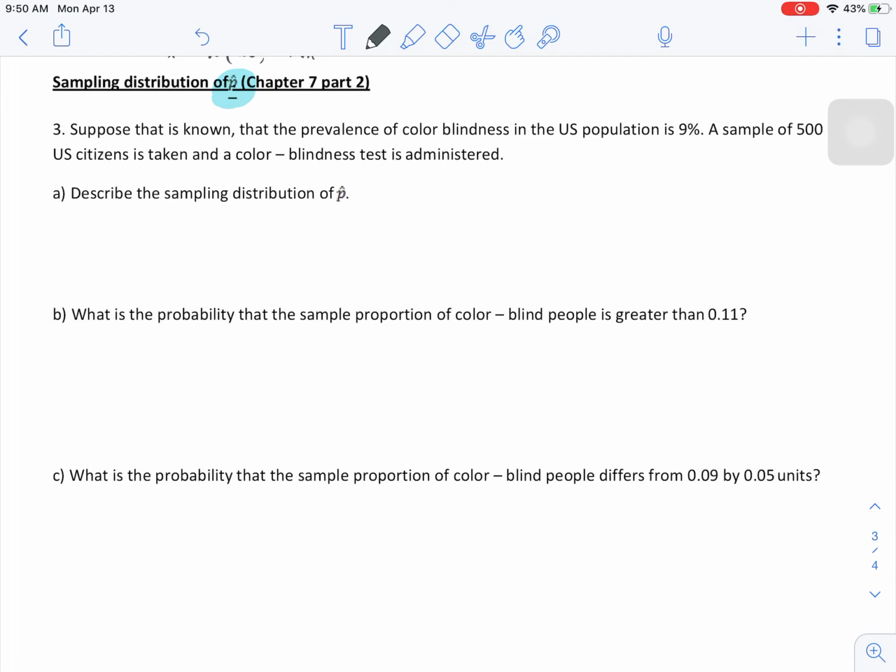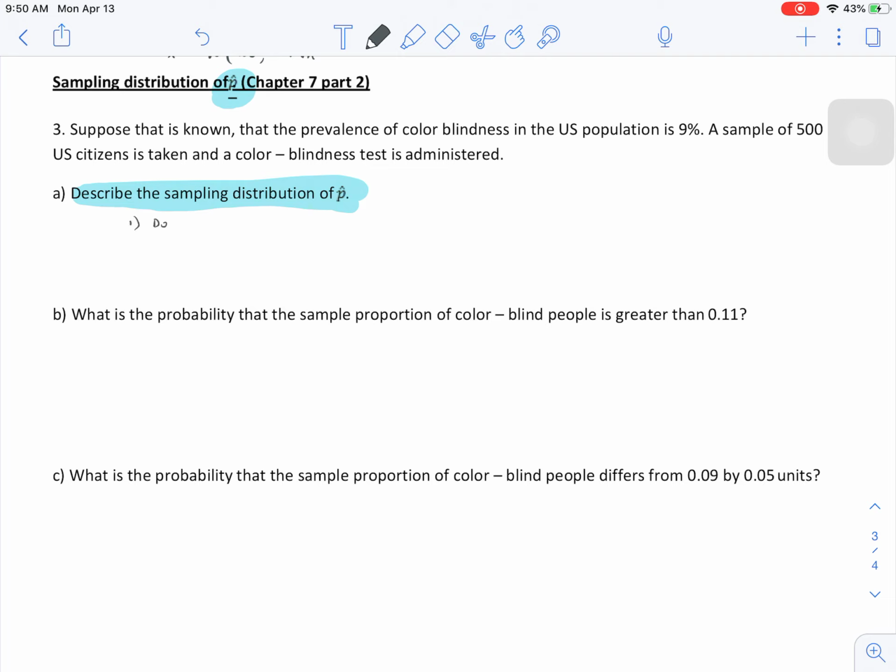Since we have a slightly different measurement, we can still use the central limit theorem, but with some changes. Remember that to use the central limit theorem to derive the sampling distribution of our sample measurement, we need to check a few conditions. In the case of the sample proportion, our conditions are a little different than before.